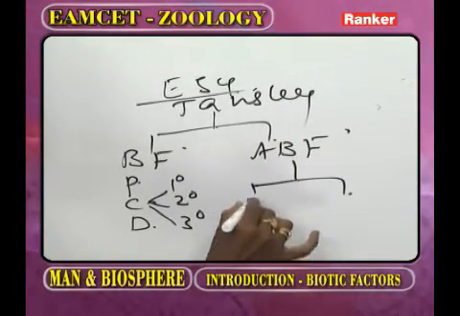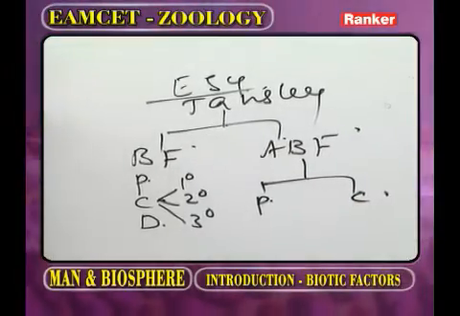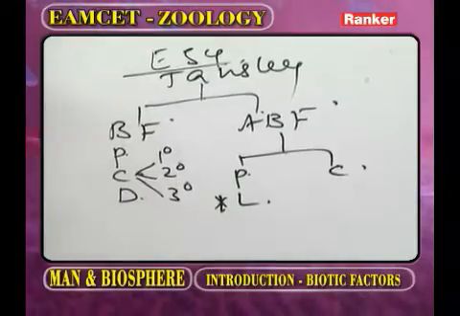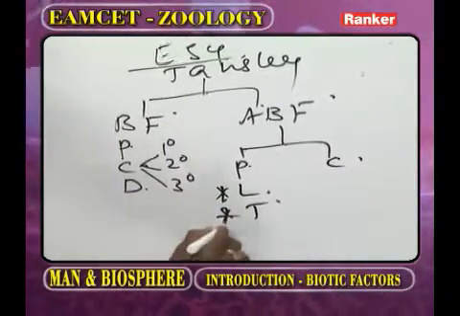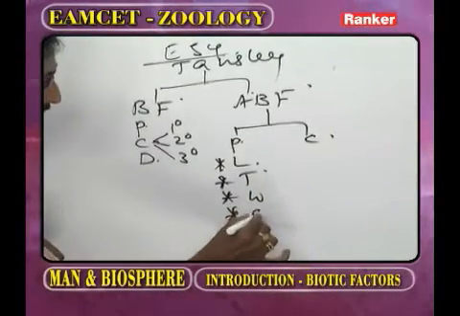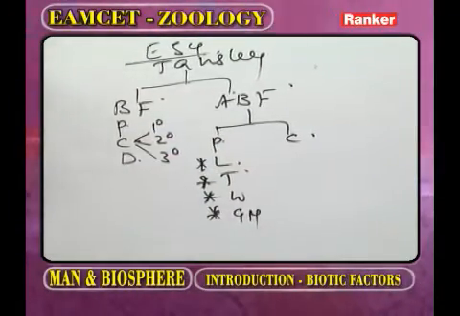What about the abiotic factors? They are classified into physical abiotic factors and chemical abiotic factors. What are the physical abiotic factors? One we call light, the second temperature, the third water, and the fourth geomagnetism. All these are the physical abiotic factors.